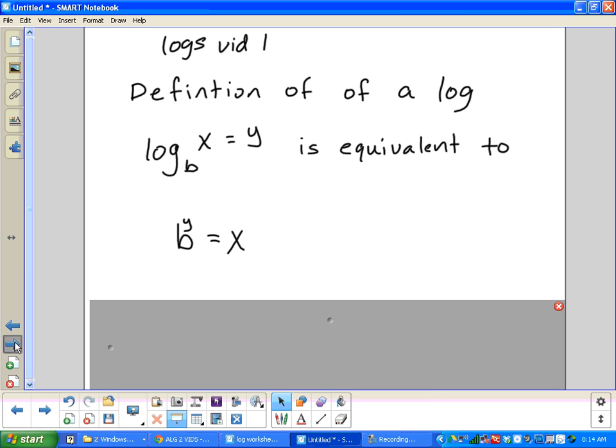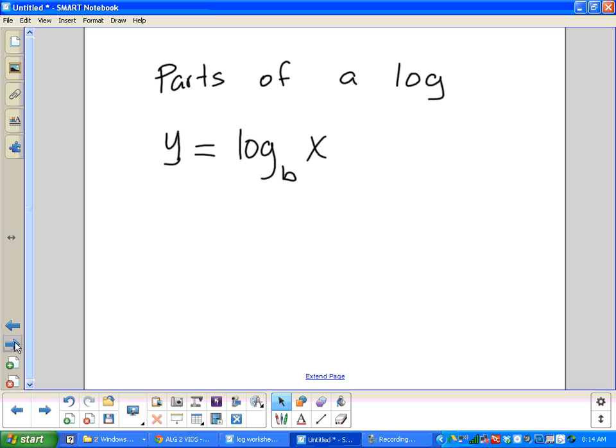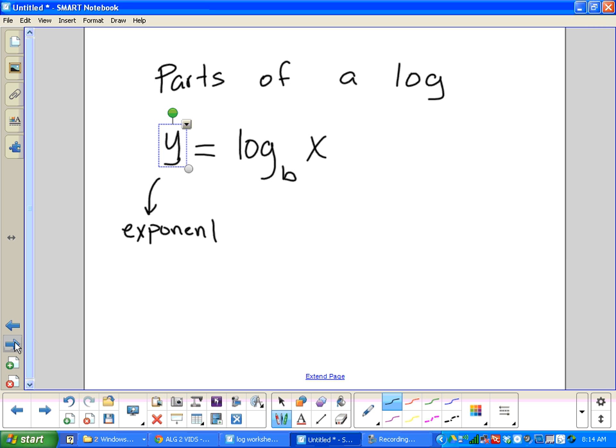Now, let's break the parts of a logarithm down. When we look at the different parts, we have different names for them. Even though y is not written as a subscript or a superscript, it's not written as an exponent, it's written like a regular number. What it represents is an exponent. This is why we said that logarithms are ultimately going to help me find unknown exponents.